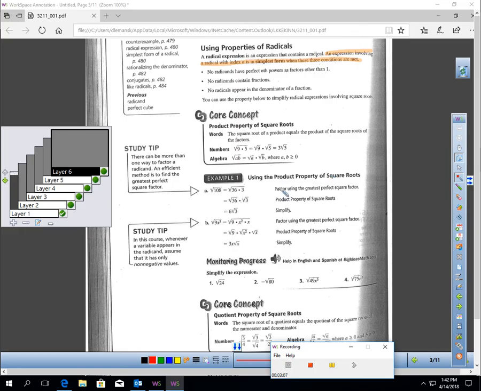Now that we've seen that we can multiply radicals and divide radicals, we can talk about simplifying radicals. An expression involving a radical is in simplest form when these three conditions are met. So there are three rules to writing a radical in simplest form. Here's rule number 1.